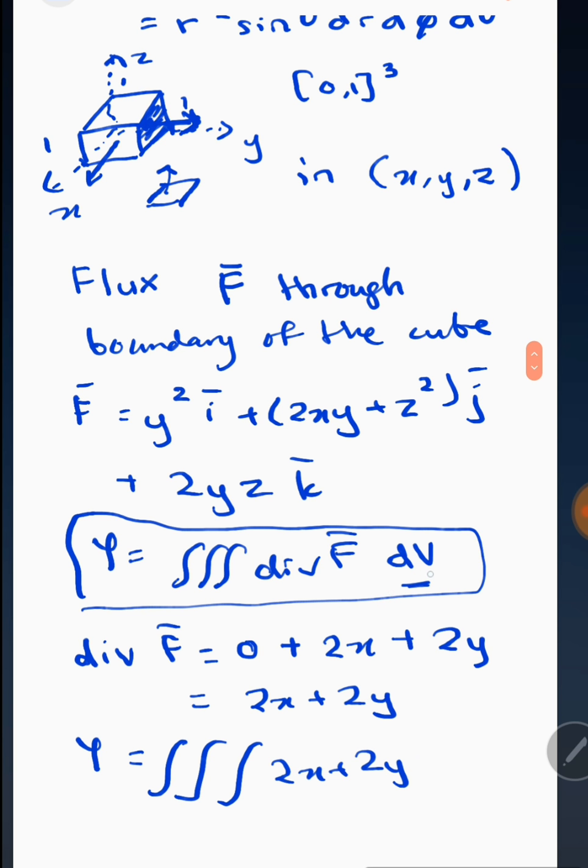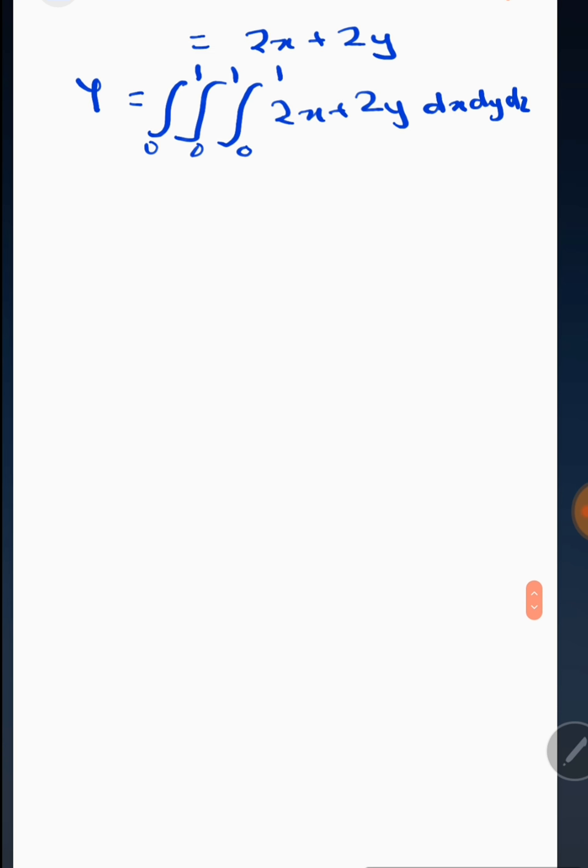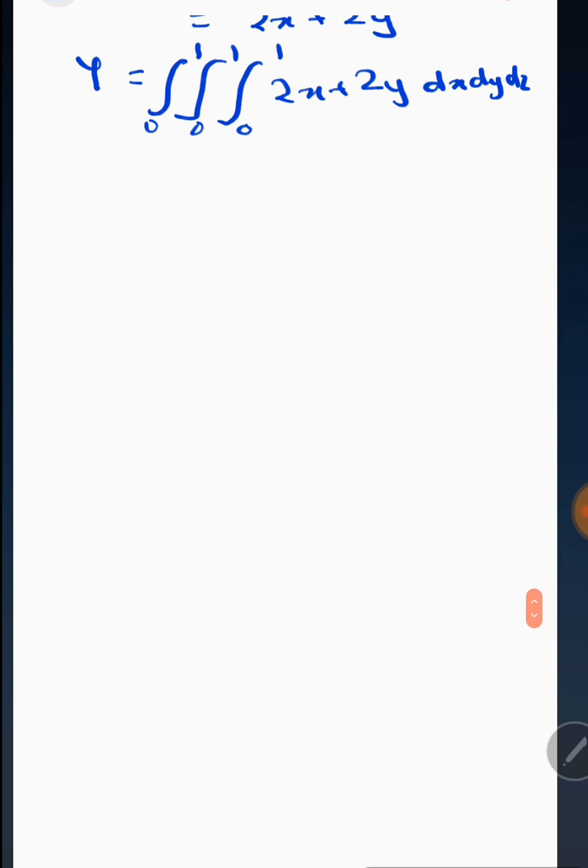And my dV in this case is a simple cube, so I can just take it according to the Cartesian plane, which is dx, dy, dz. And each is from 0 to 1, 0 to 1, 0 to 1. Right? So if I just continue from here, let's first get this. If I am going to integrate this with respect to dx, I will get 2x squared over 2, right?